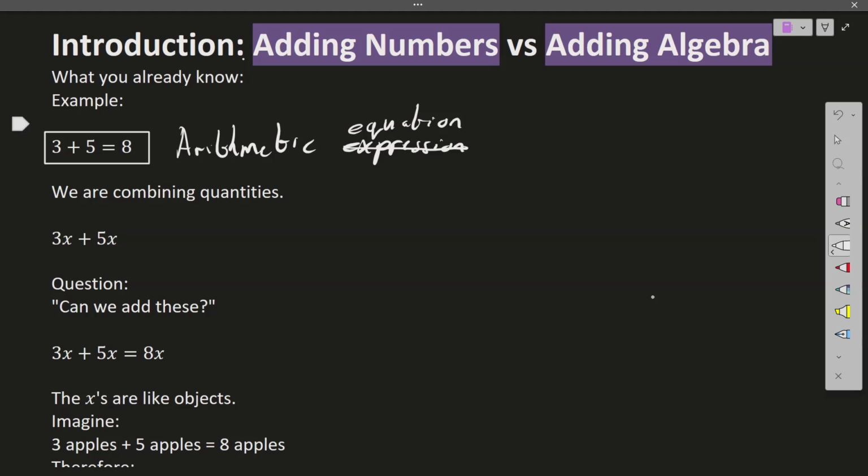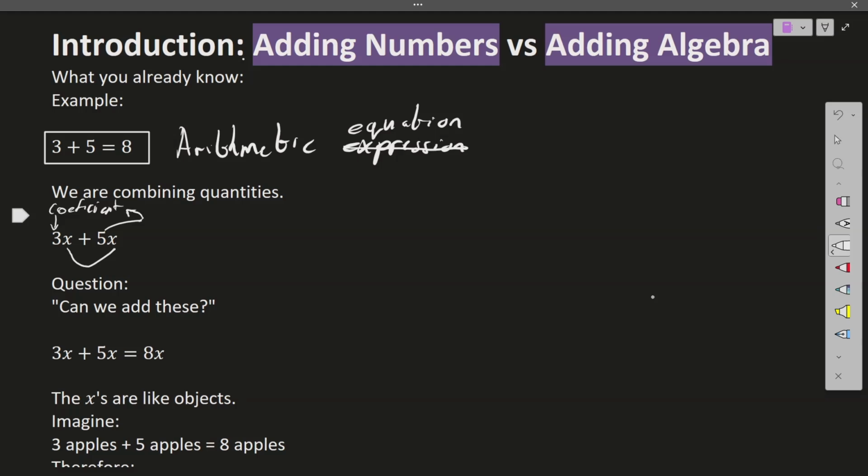Okay, so now let us introduce what is algebra. So algebra here, it is still the same as the arithmetic, just that now we have unknown numbers here. Okay, so we introduce these as coefficients, and here it is also a coefficient.